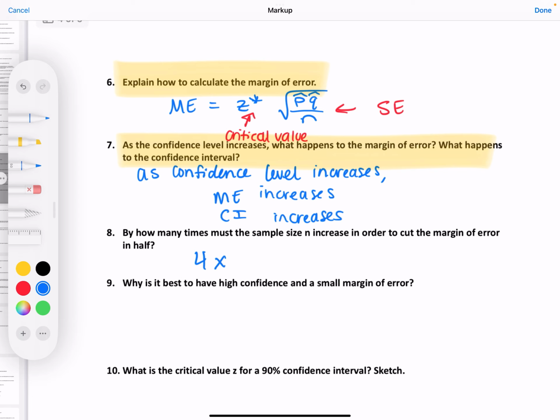Why is it best to have high confidence and a small margin of error? High confidence means our method almost always gives correct answers.